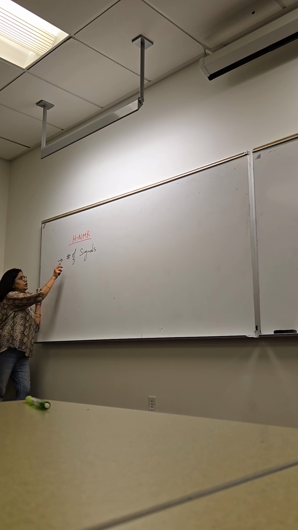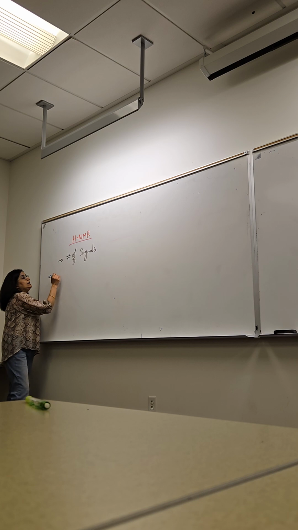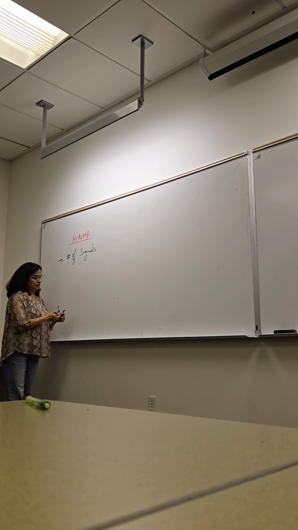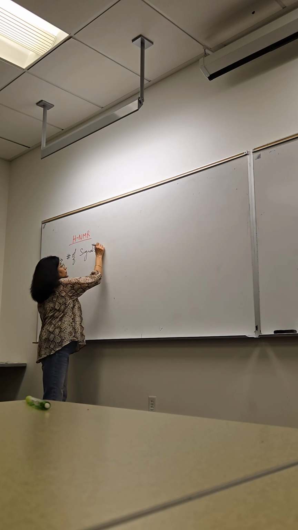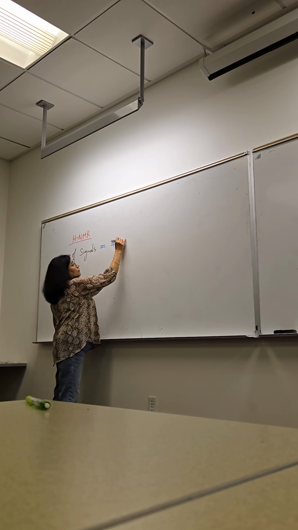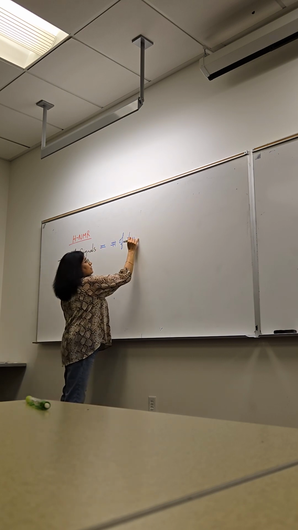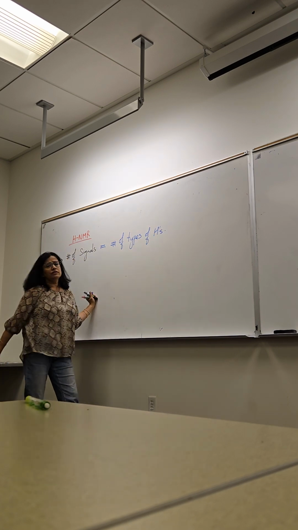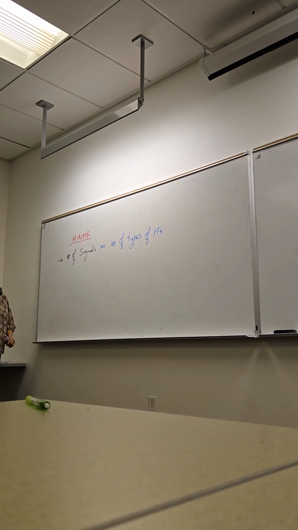We'll get to that. The number of signals equals the number of types of hydrogens. Not all hydrogens are the same. So the number of signals tells us how many types of hydrogens, how many sets of hydrogens the molecule has.